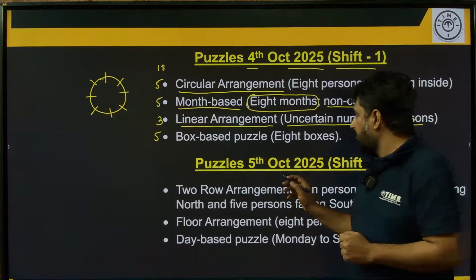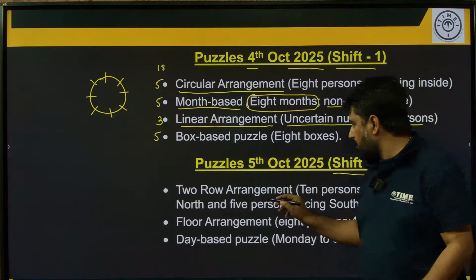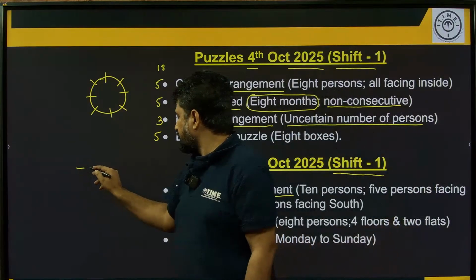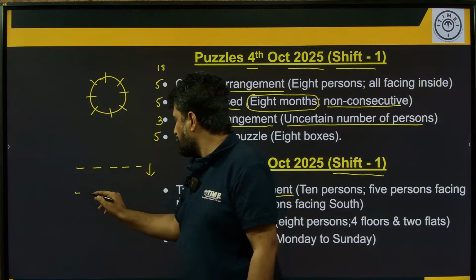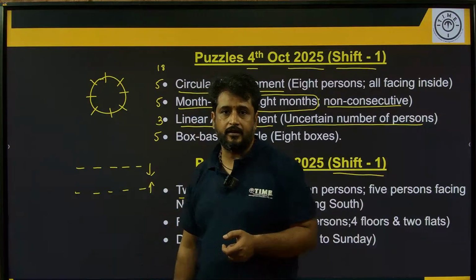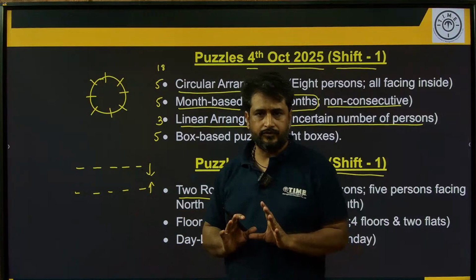Okay. And coming to the 5th October shift 1, we were given a 2 parallel row arrangement. You know, 5 persons facing south and 5 persons facing north. It was clearly mentioned who are facing north and who are facing south. Simple, straightforward clues.